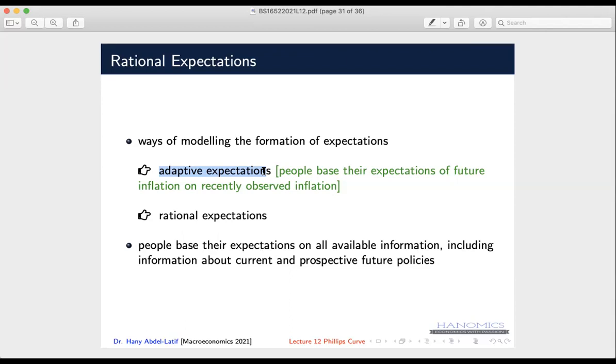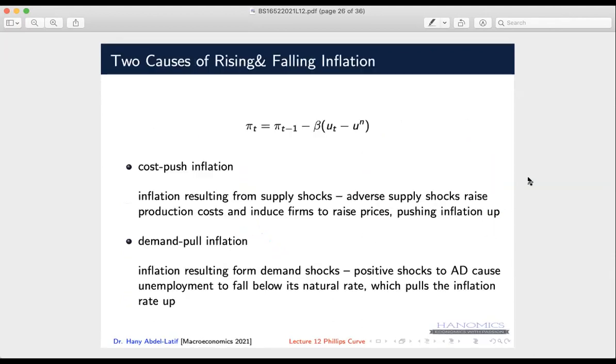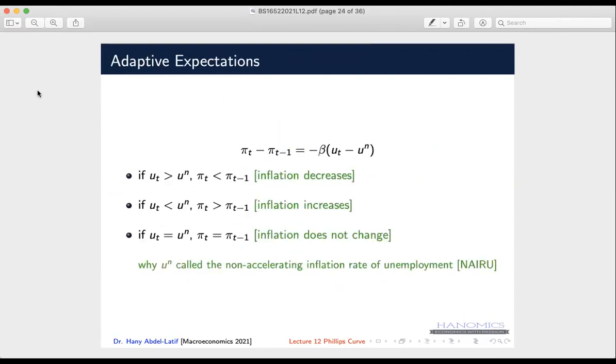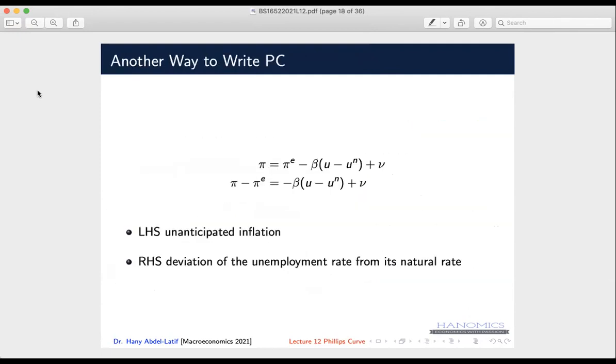So this is just a different mechanism of expectation or expected inflation. But as I said, we know from this equation here that inflation depends on expected inflation, pi e, and the mechanism through which agents form their expectations about this matters, because any changes affect pi e.